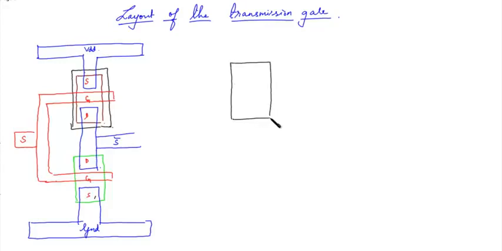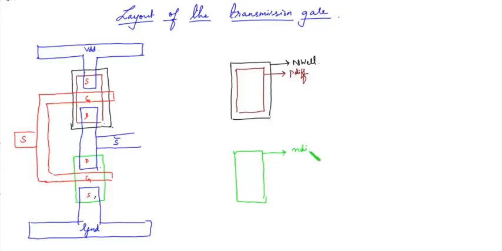This is the N-well, then the P diffusion layer, then the N diffusion layer, and then this is the source, gate, drain.